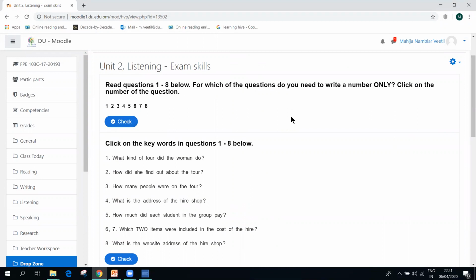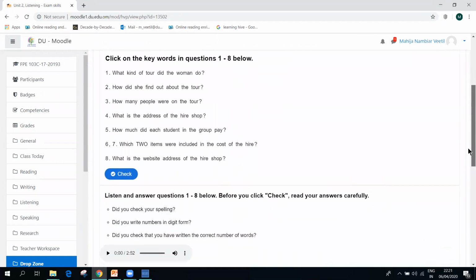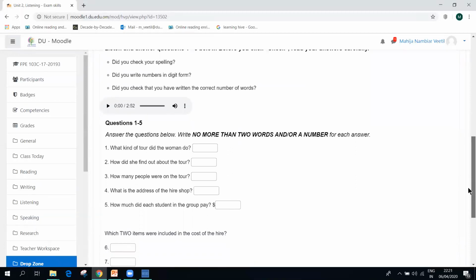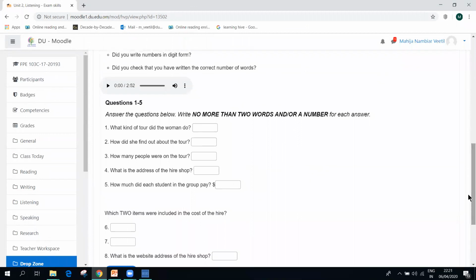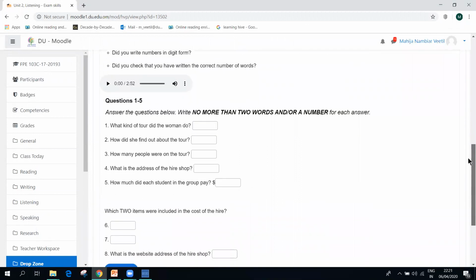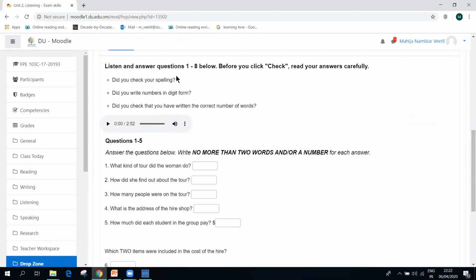You need to complete this task, and this task, and this task, the 3 tasks. Let me play the audio for you for task 15, which is the exam skills task, the last task. You need to complete that task and then check if your spellings are okay and if you've written the numbers correctly. So I'll play the audio for you.